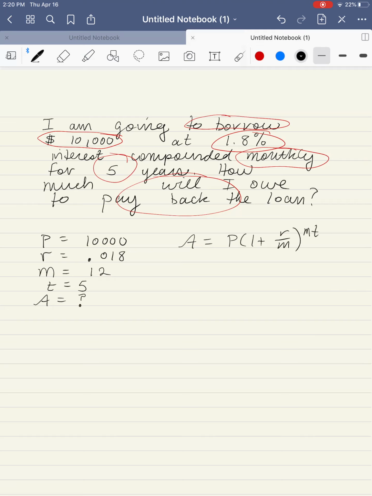So I write my formula. I plug in all of my numbers.